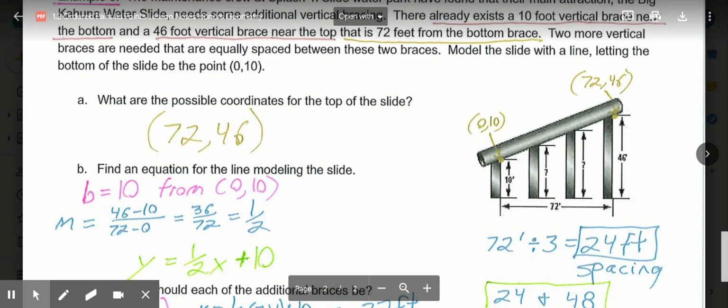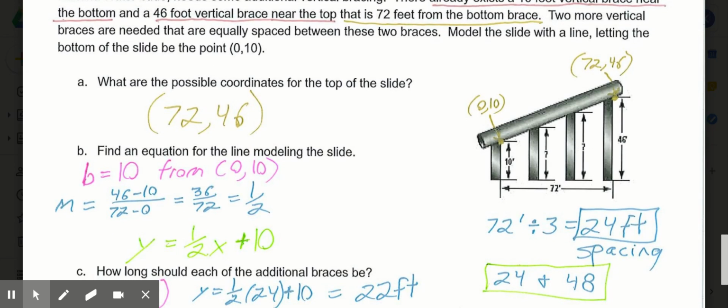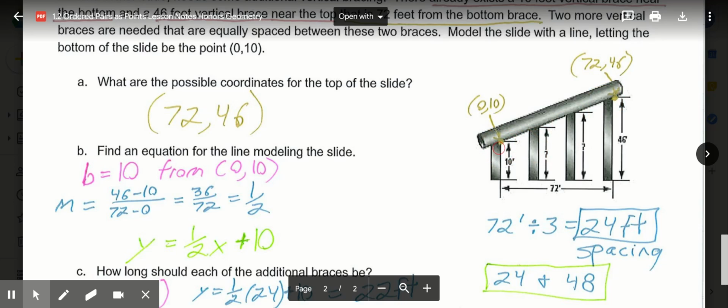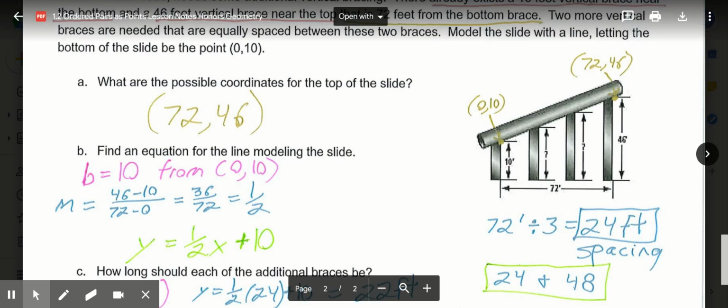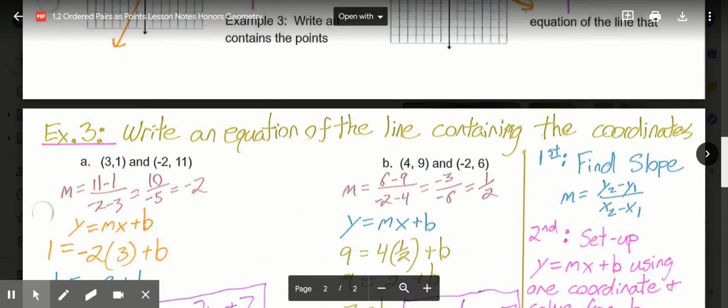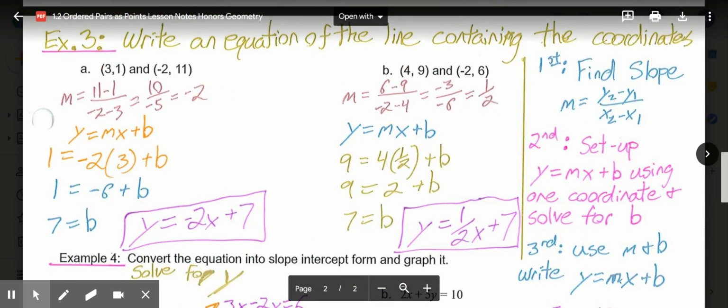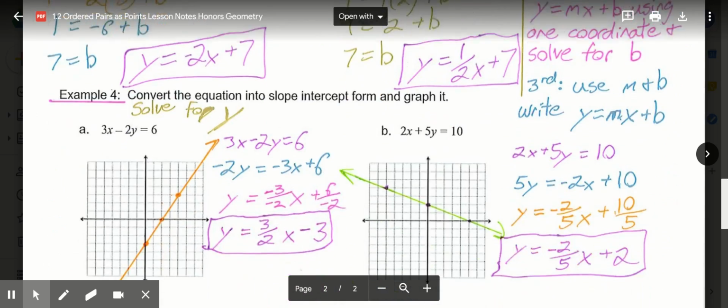Then in part B, find an equation for the line modeling the slide. So if we're using this line to model the slide, the bottom line here, well, we know our 2 coordinates are 0, 10 and 72, 46. So we can use that, and we can do the same thing we did here in example 3 in these 3 steps.